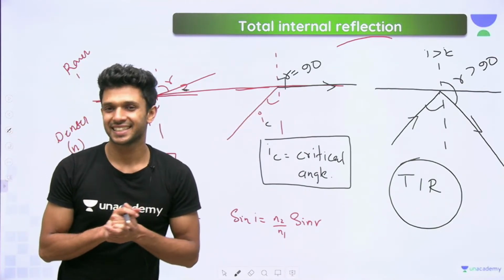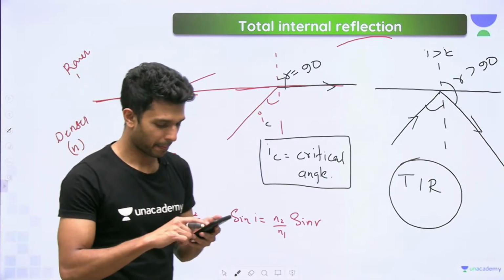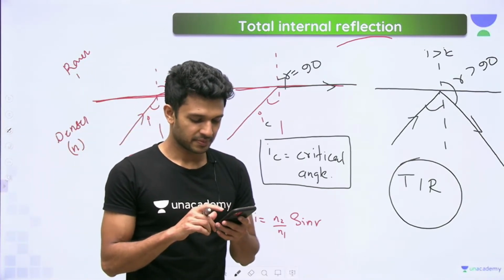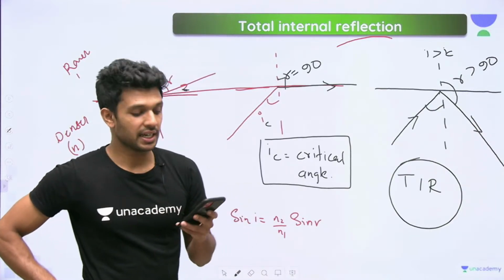Now did you understand? Did you understand what this TIR is? Everyone? So this is called total internal reflection.